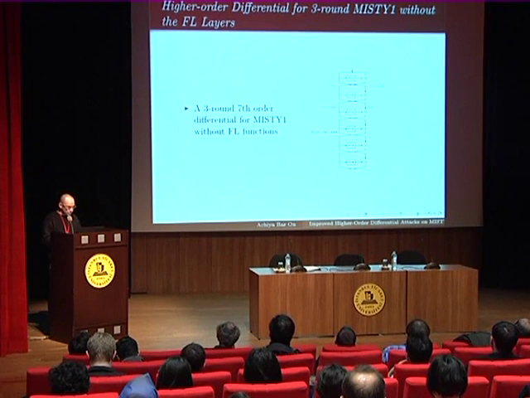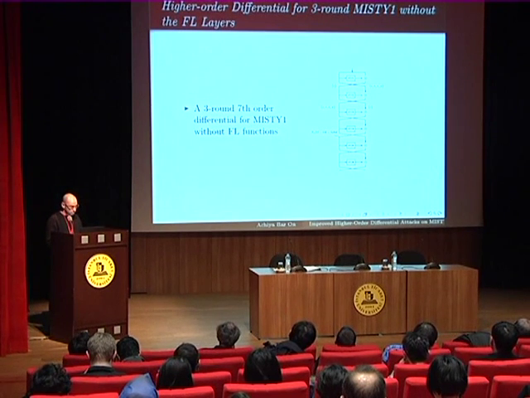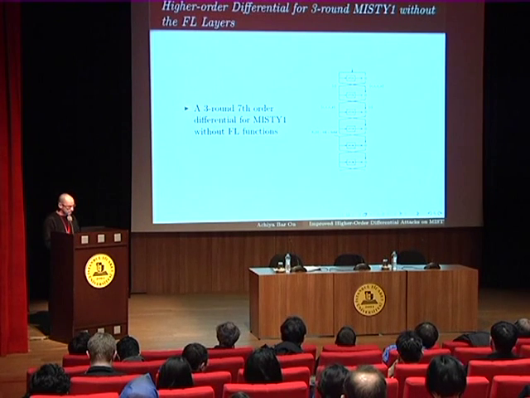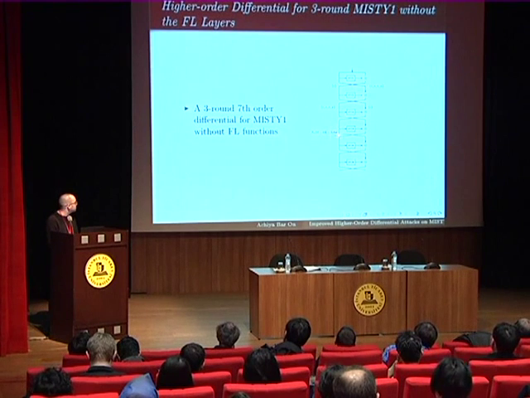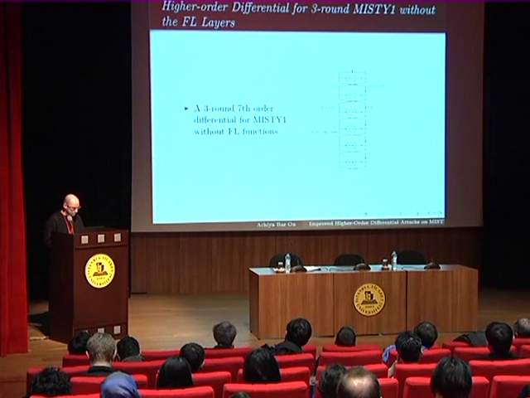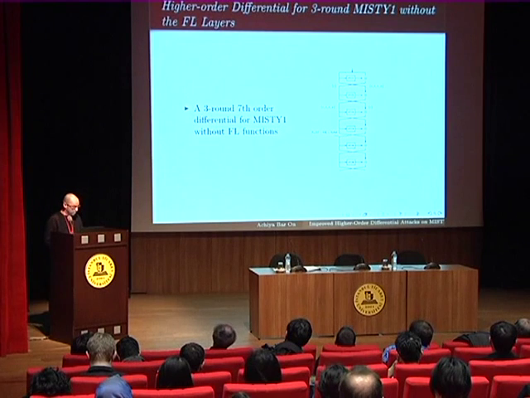So if we iterate over all possible values for bits 0 to 6 and fix all others, we get that the ciphertext difference in bits 57 to 63 is 6D after 3 rounds, independently of the key.